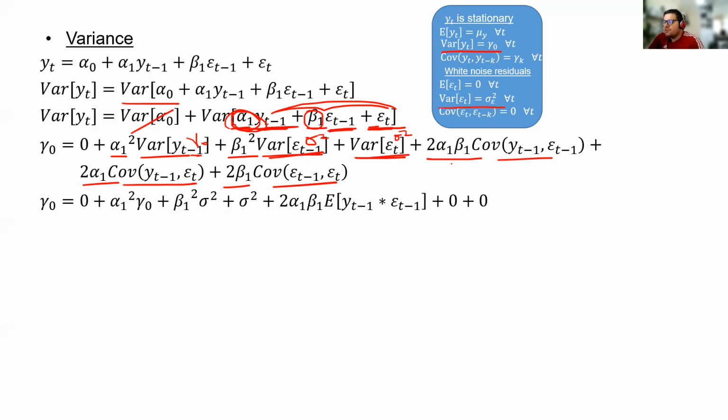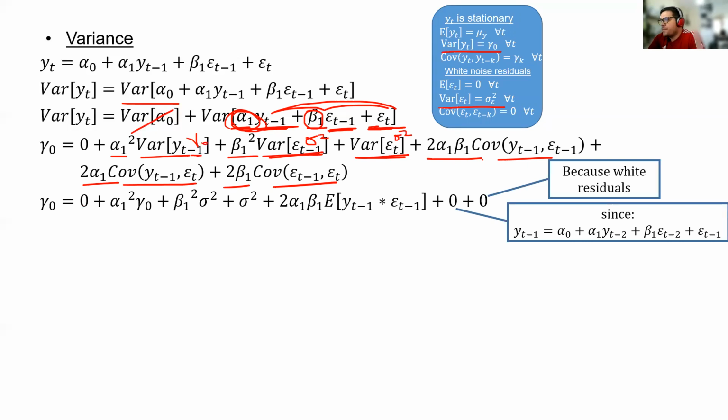And we are going to see, now in this first covariance, we notice that et minus 1 does have an effect on yt minus 1, right?